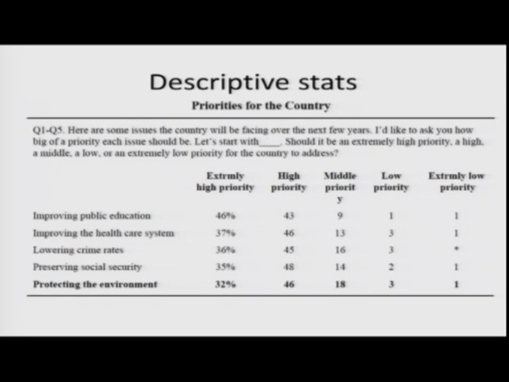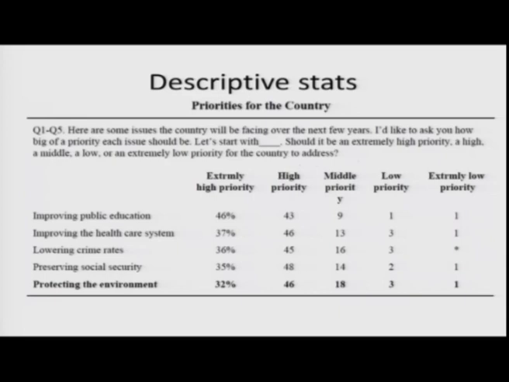Here are some issues the country will be facing over the next few years. I would like to ask you how big of a priority each issue should be. Let us start with blank. Each of these issues comes here. Should it be an extremely high priority, a high, a middle, a low, or an extremely low priority for the country to address?